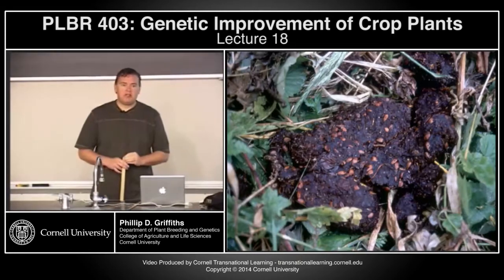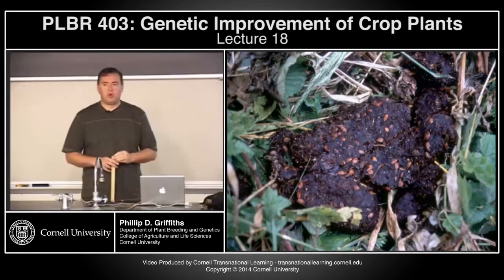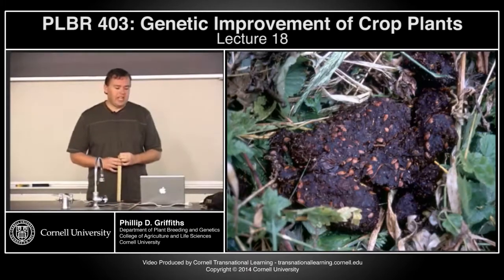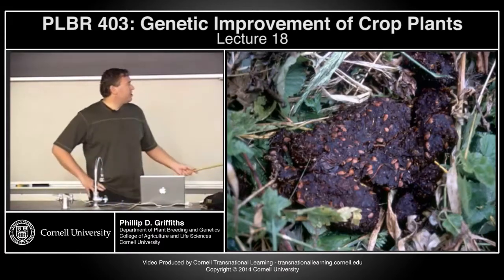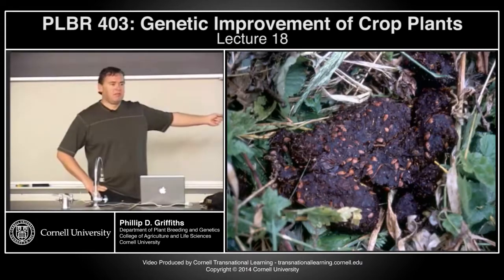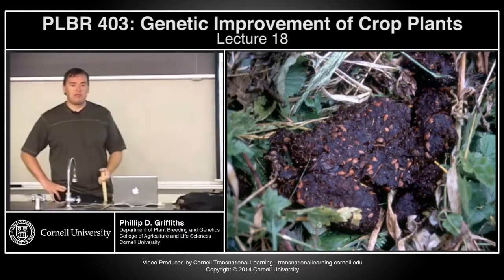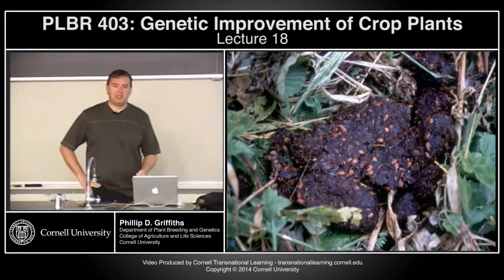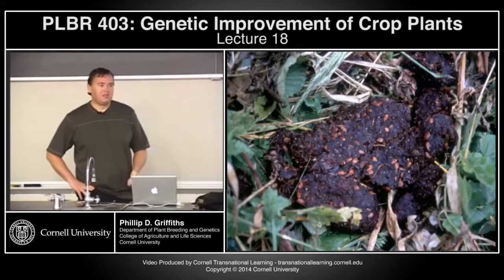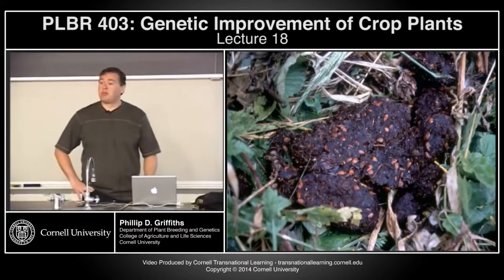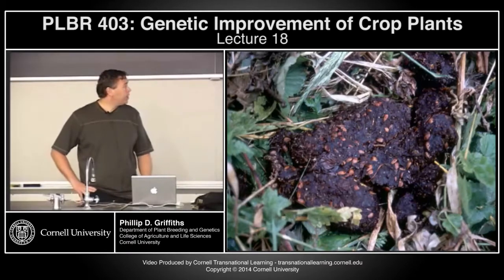When you acquire material, for instance, Phil Forsline has been acquiring material in the Central Asiatic region for apples. You can see in this case you've got some prior selection from a bear, and you can see the apple seed in the scat. Probably the bears are going to know their way around the woods better than we are, and they've done a lot of probably indirect selection over the years for apple evolution.